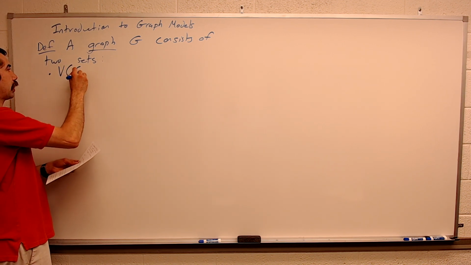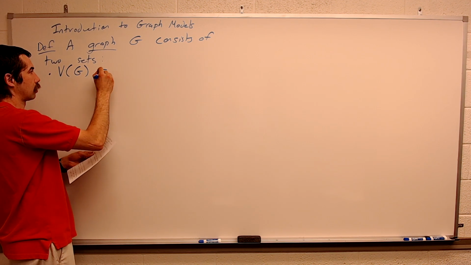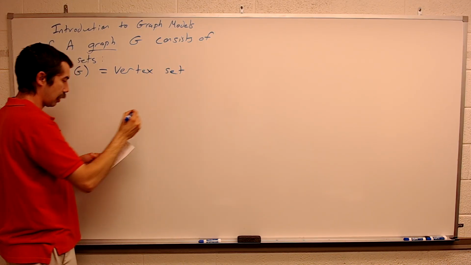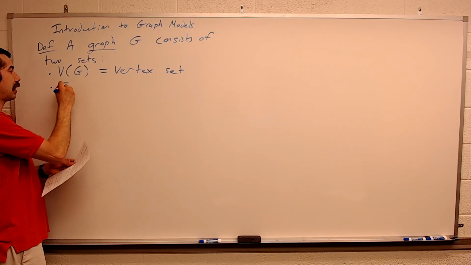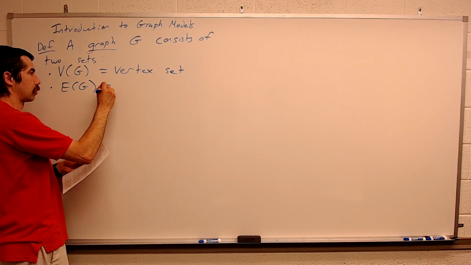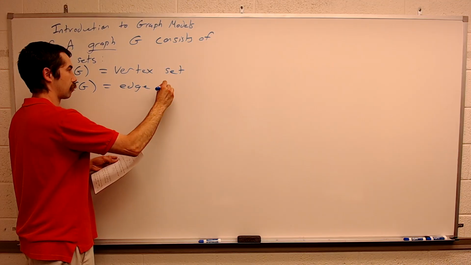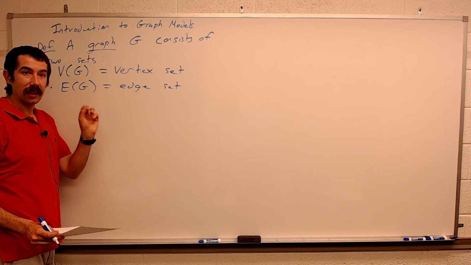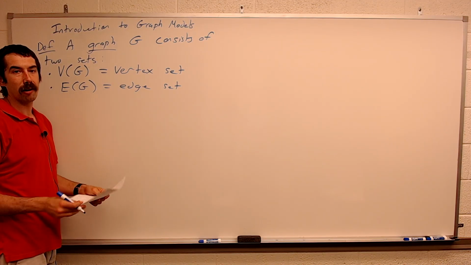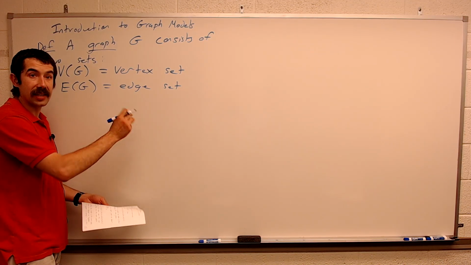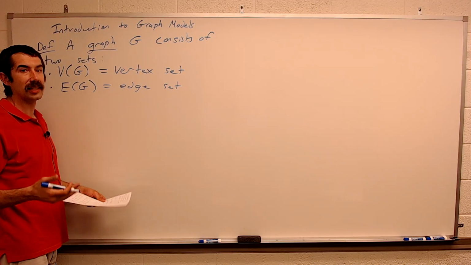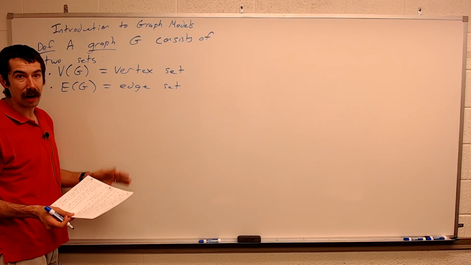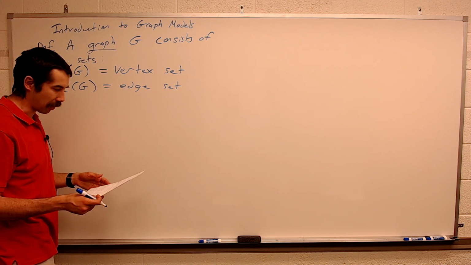So V of G is the vertex set. And it has an edge set. Vertices are going to be little dots, and edges are going to be lines that connect the dots. Okay, so this is not the type of graph like you would have seen back in high school where you were graphing parabolas. This is a totally different type of object.